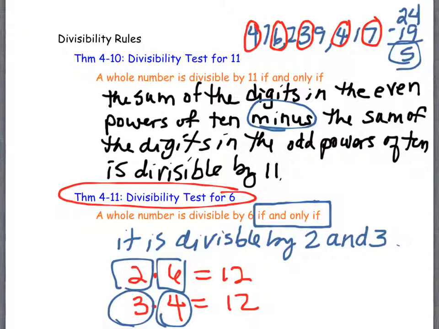Okay, so basically the same number has to be divisible by 2 and by 3. Right. And if that same number is divisible by 2 and by 3, then that number is divisible by 6. And likewise, if you were to take your calculator and find out it's divisible by 6, you would know automatically it's divisible by 2 and by 3. So those go in either direction.